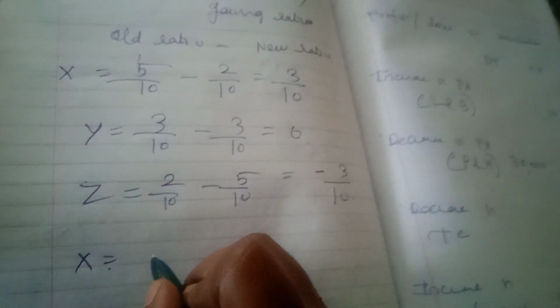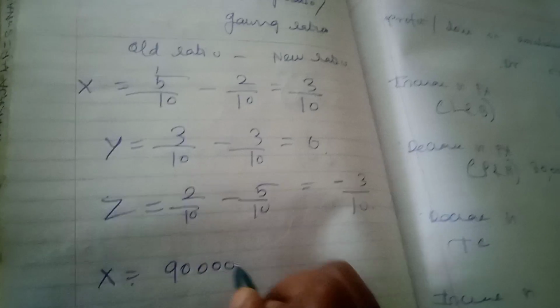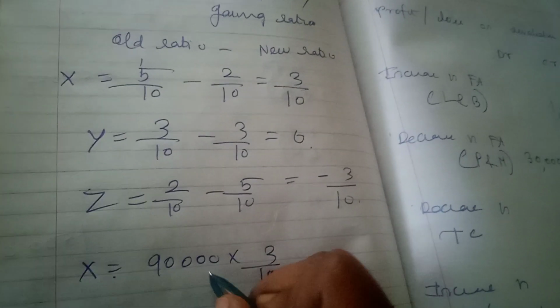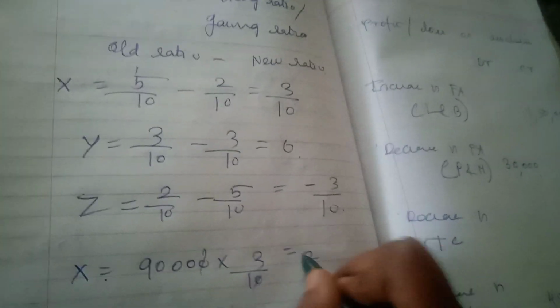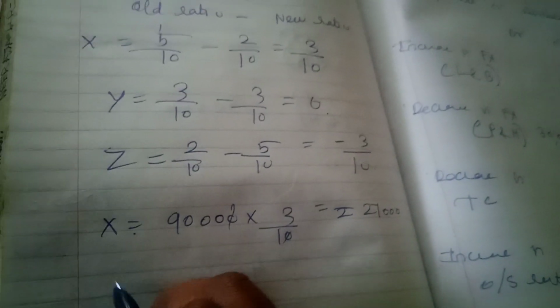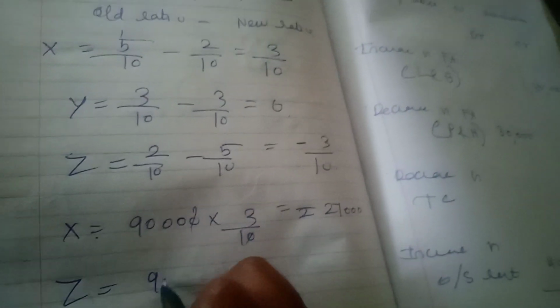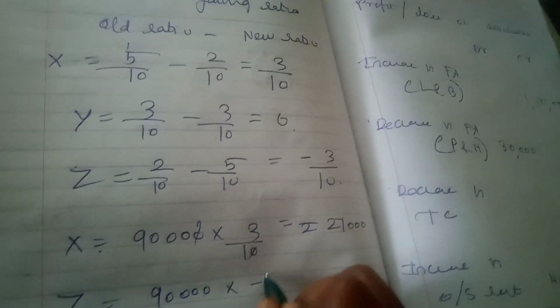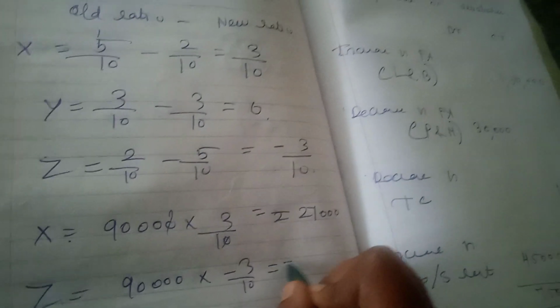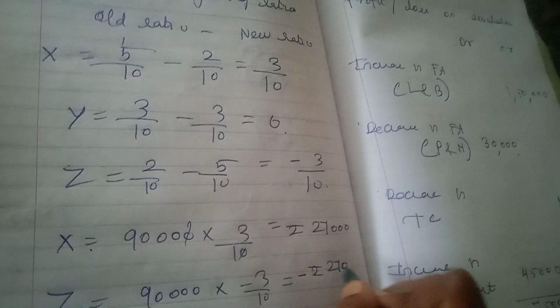This 90,000 should be distributed in the sacrificing or gaining ratio. For X, it is 90,000 into 3/10, which is equal to rupees 27,000. For Y, it is 0. And for Z, it is 90,000 into minus 3/10, which is equal to minus 27,000.